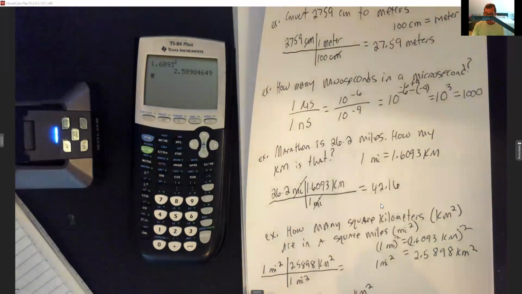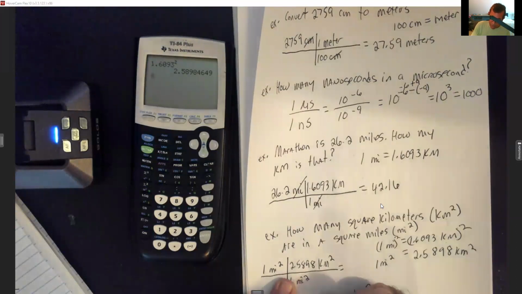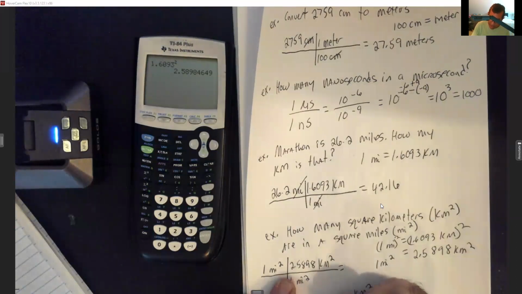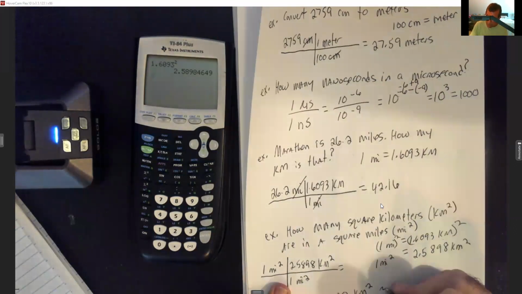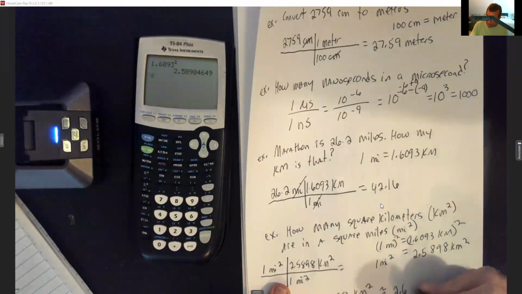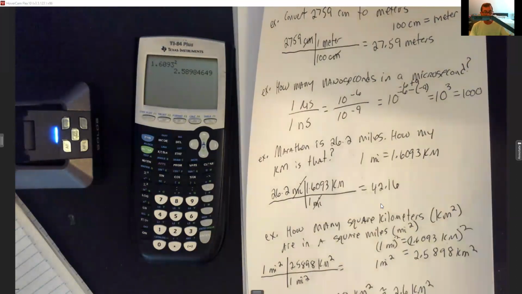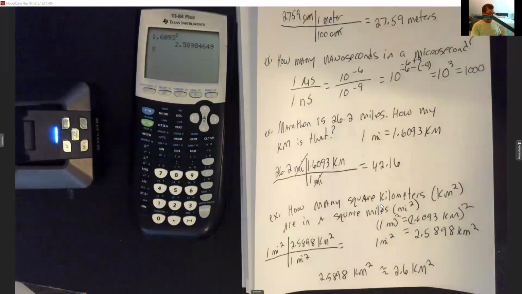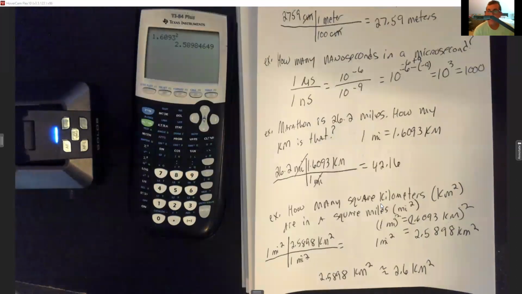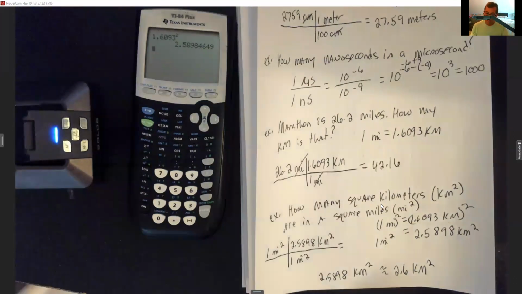We just need to find our number. And look, 1 times 2.5898 is going to be 2.5898 kilometers squared, which is roughly 2.6 square kilometers. I've got to watch that because sometimes I get to writing down too low, okay? So there were all the notes from that.